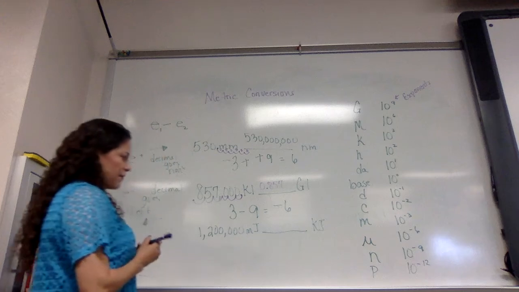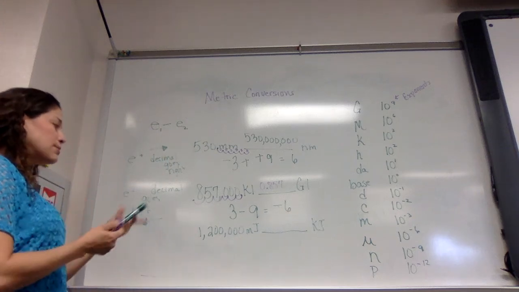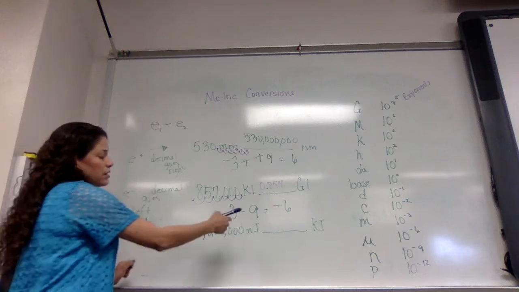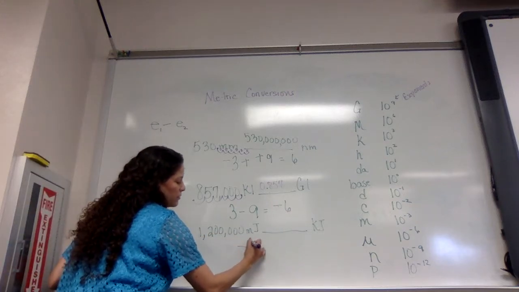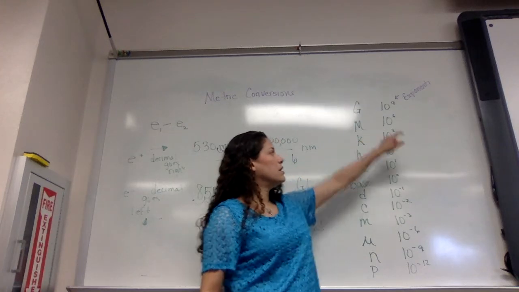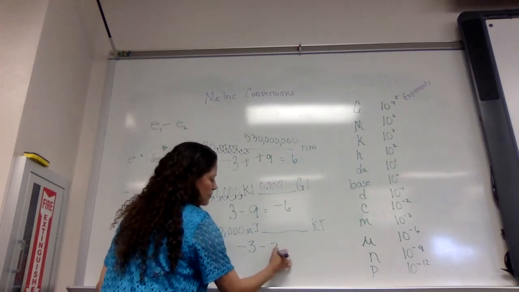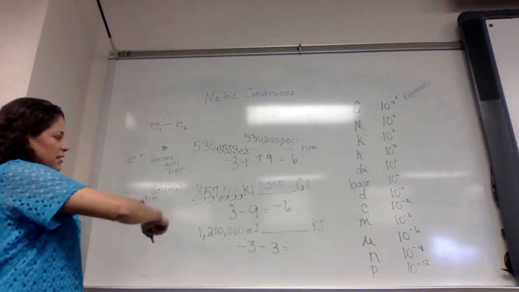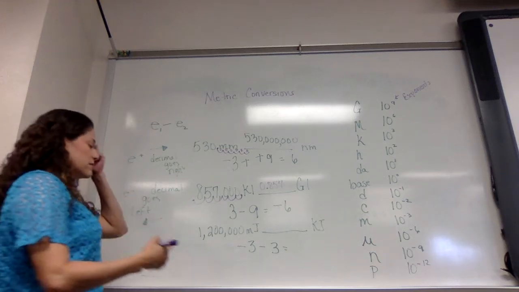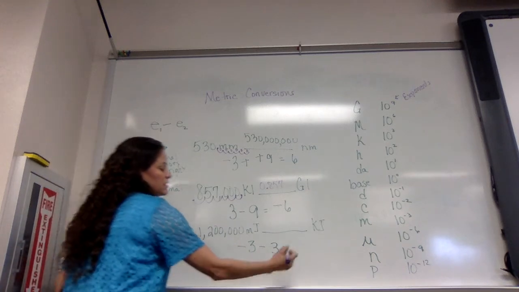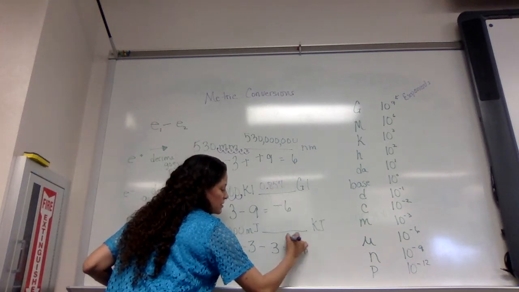So I've got that. Well, I look at the exponent for a milli, same process, E1 minus E2. The exponent for a milli is going to be a -3 minus the exponent for a kilo, I look at it here, is a 3. Be very careful, because sometimes I have people who forget the negative sign, and then say, oh, 3 minus 3 is 0. -3 minus 3 is a -6.